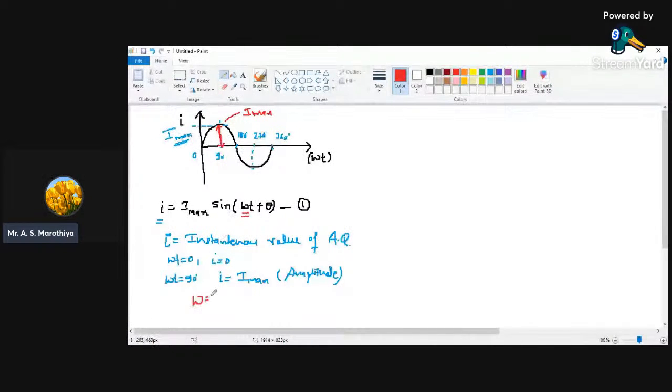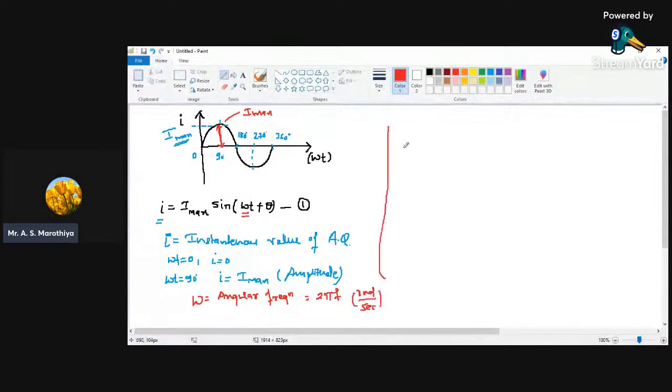Omega is known as angular frequency. And the expression for this omega is 2 pi f, and the unit for this angular frequency is radian per second. This is very, very important.